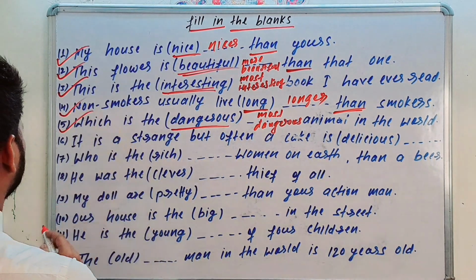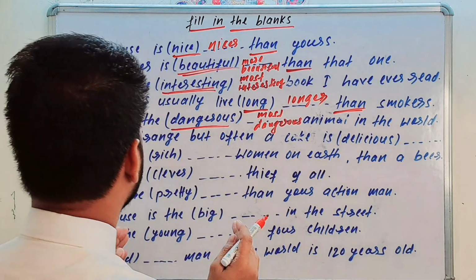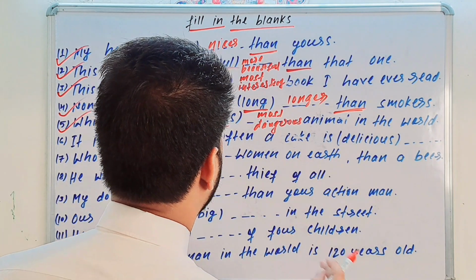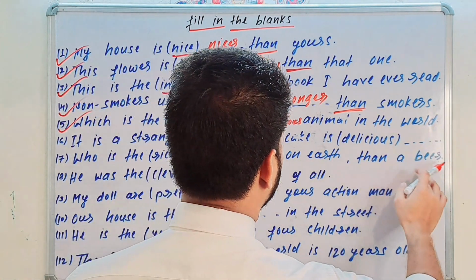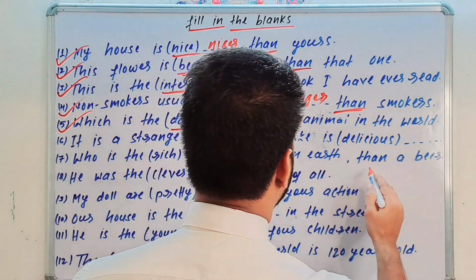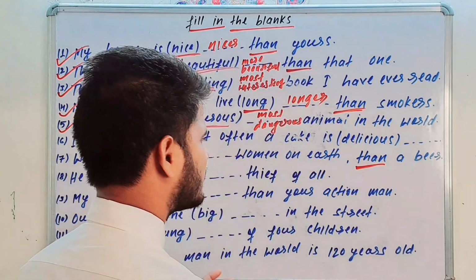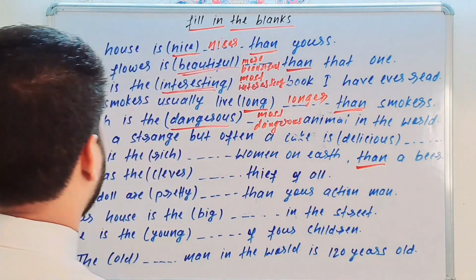So here, next one, sixth. It is strange, but often a cake is dash than a beer. Then obviously we have to put what? Comparative degree.